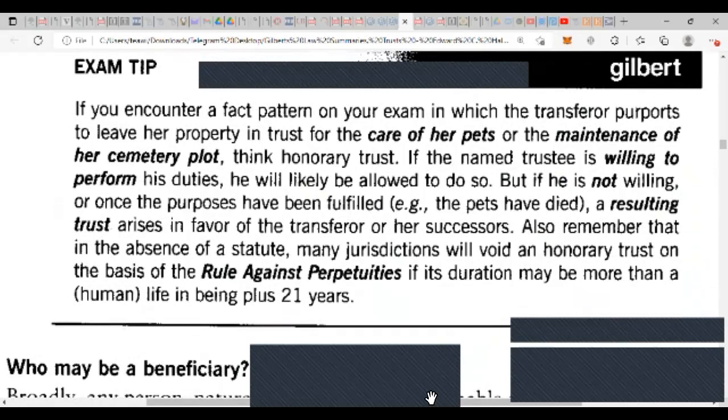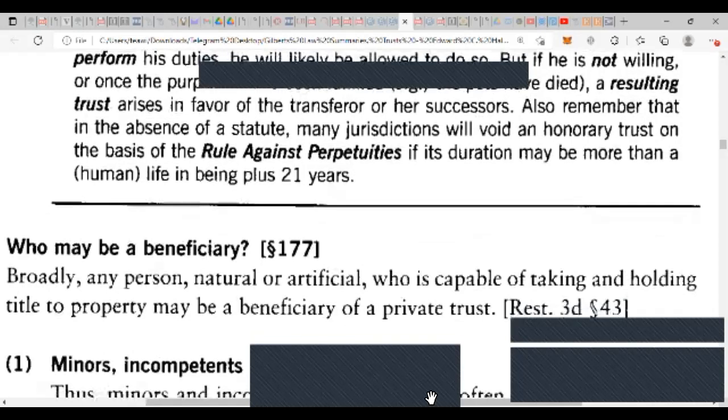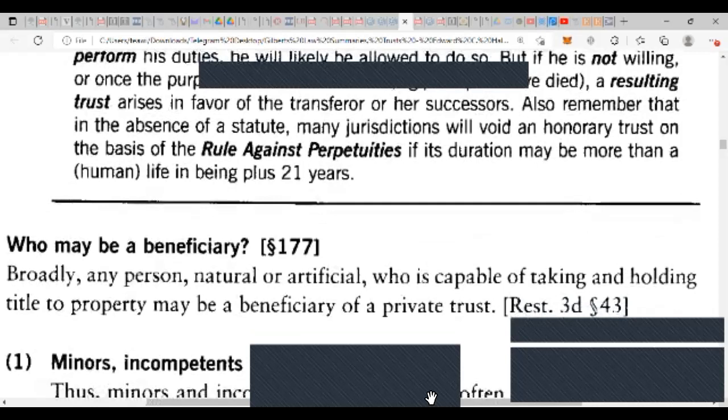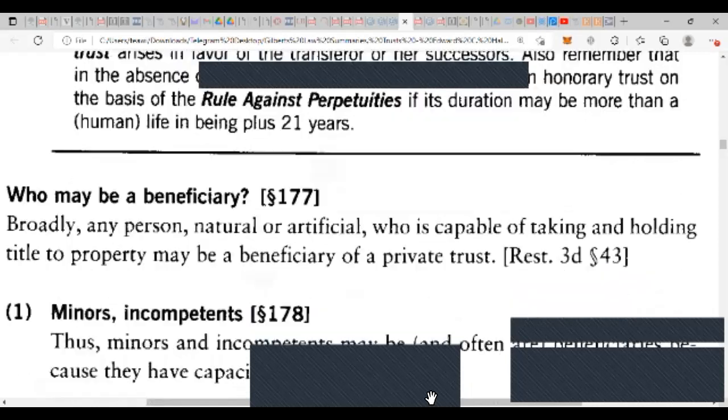But if he is not willing, or once the purposes have been fulfilled, such as the pets have died, a resulting trust arises in favor of the transferor or her successors. Also remember that in the absence of a statute, many jurisdictions will void an honorary trust on the basis of the rule against perpetuities if its duration may be more than a life in being plus 21 years.